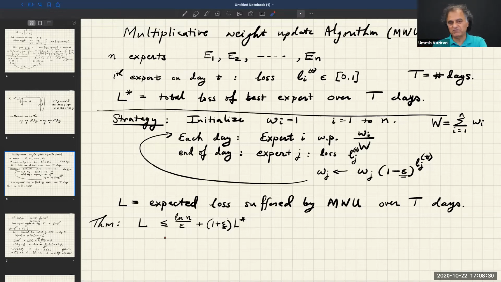Right. But maybe in the problem at hand, you can certainly bound L star by T, the number of days. Oh, true. That would give you a crude bound, and then you could optimize. But maybe you know a little bit more about the problem to say, well, L star is not more than this, and then you can get a meaningful bound. Got it. Thank you, Professor.